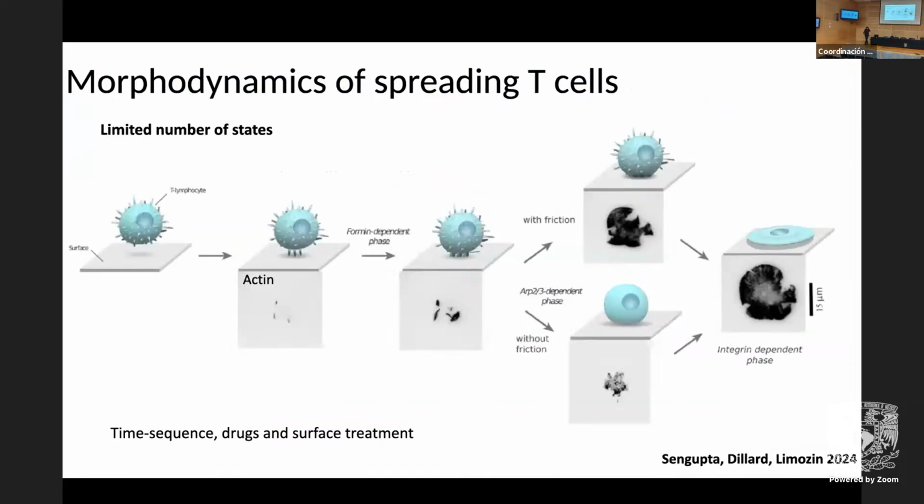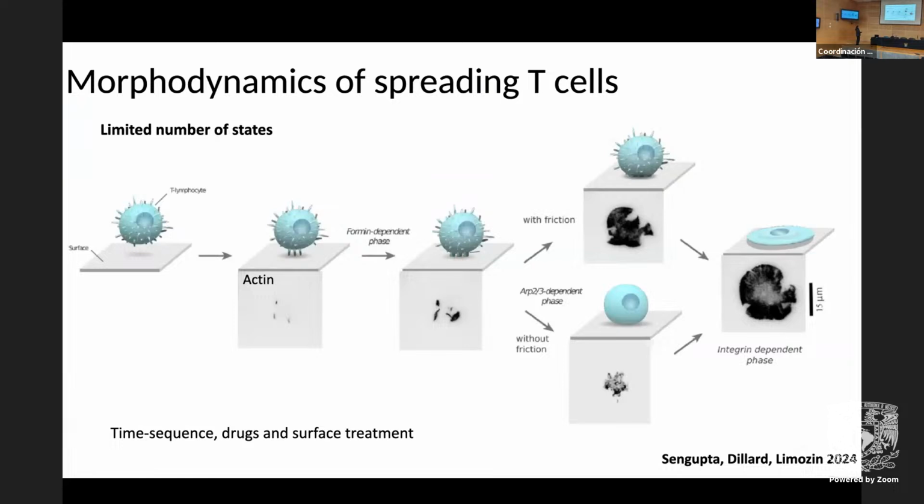Okay, so we did many experiments like this with different kinds of drugs on different kinds of surfaces, and I tell you the final story. The final story on homogeneous surface is this, that the cell can access only a limited number of morphologies. So time is increasing like this, cell comes down, it starts to interact with the surface.